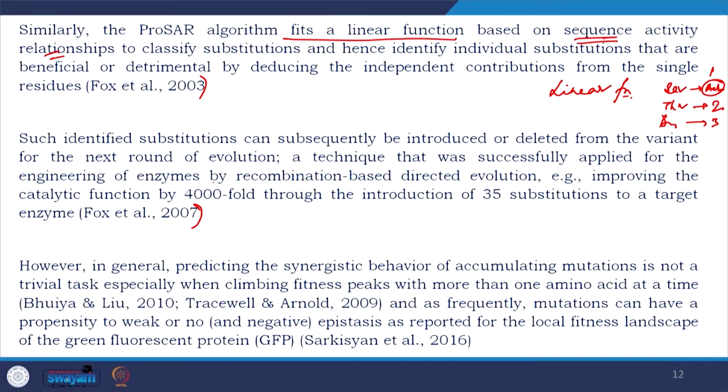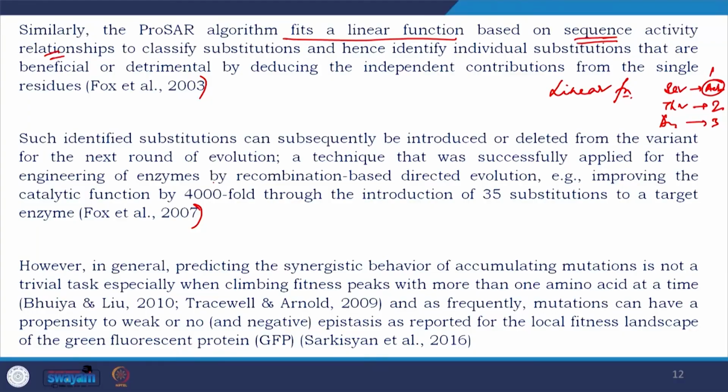Also, changing amino acid, we are looking at function, but it could also introduce instability to the enzyme or protein. You have to take care of the fitness of the enzyme, and as frequently mutation can have a propensity to weak or no epistasis, as reported for the local fitness landscape of the green fluorescence protein.